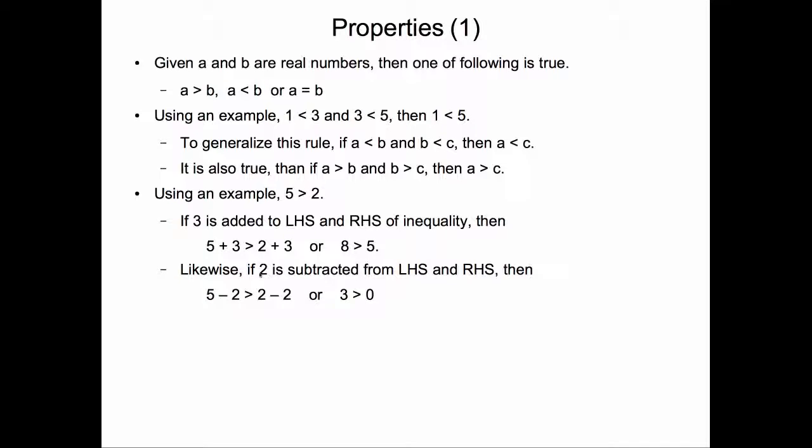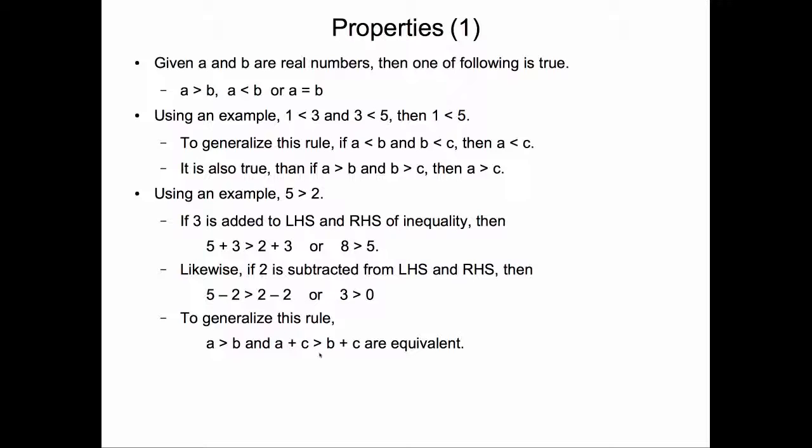So if we generalize this particular rule from the two examples, we say that A is greater than B, and if we add C to both sides, A plus C is greater than B plus C are equivalent. Equivalent means the sign is preserved.